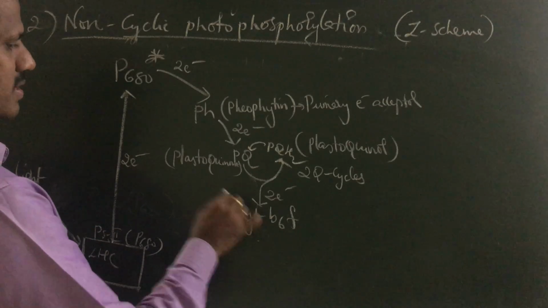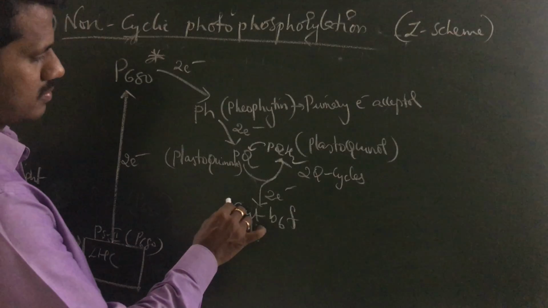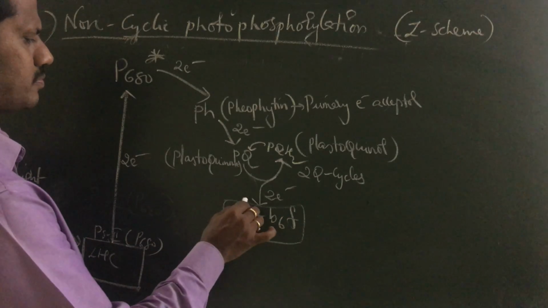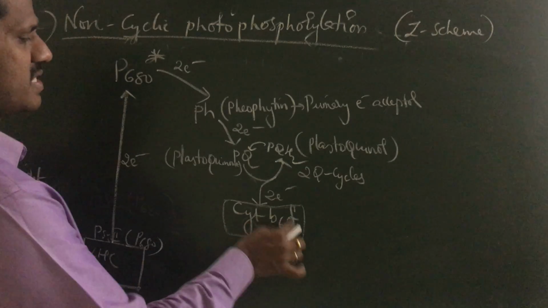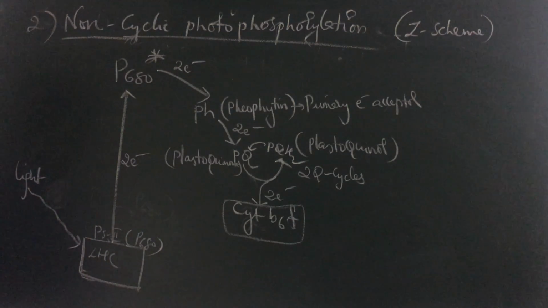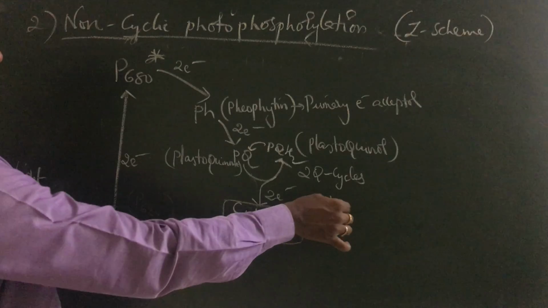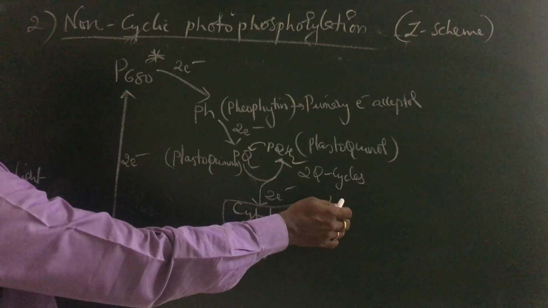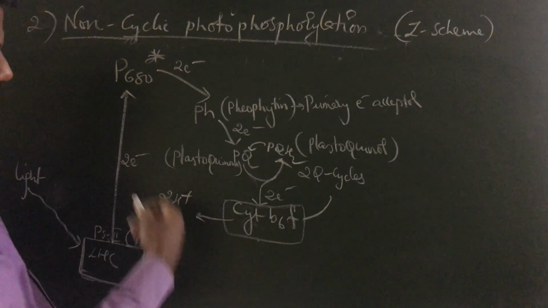thereby the electrons reach cytochrome B6F complex. CYT stands for cytochrome B6F. Here, as in the cyclic photophosphorylation, two protons will come from the stroma, which is outside, into the lumen.